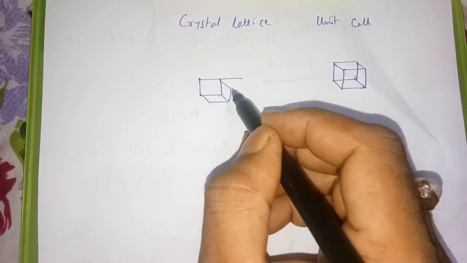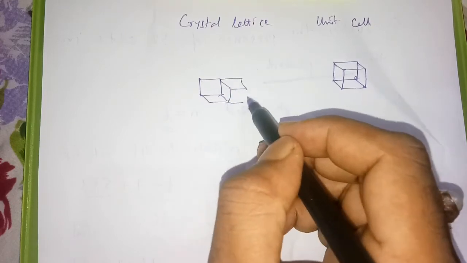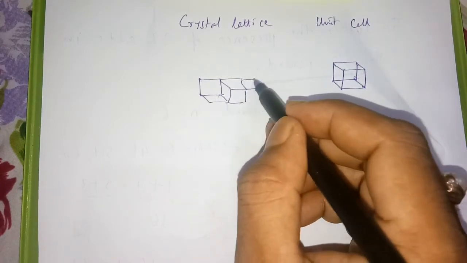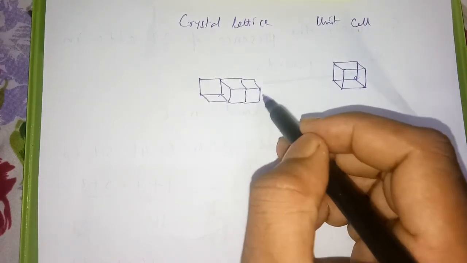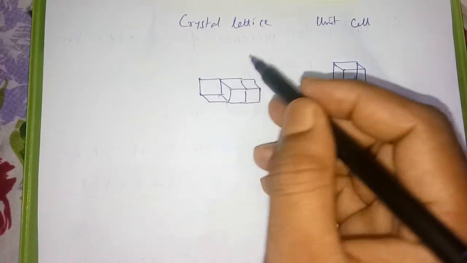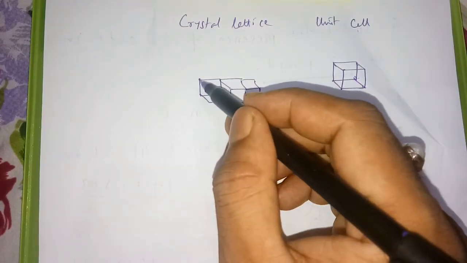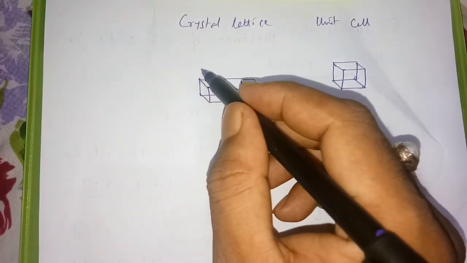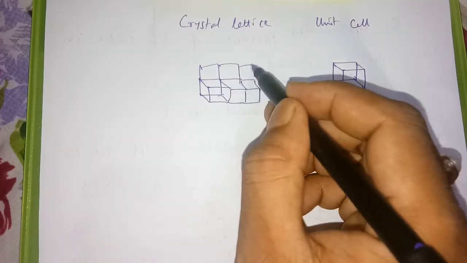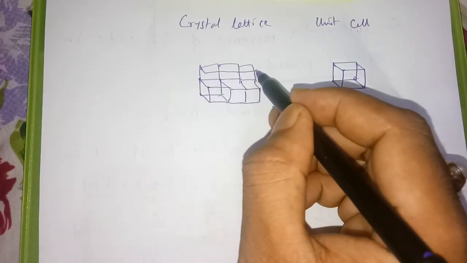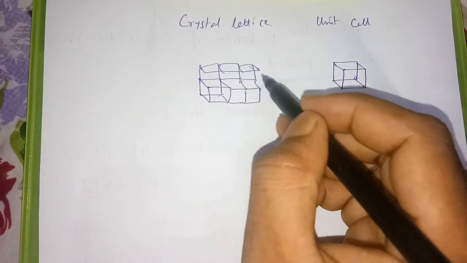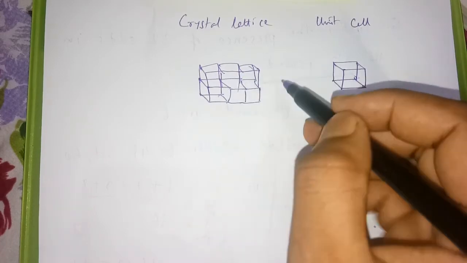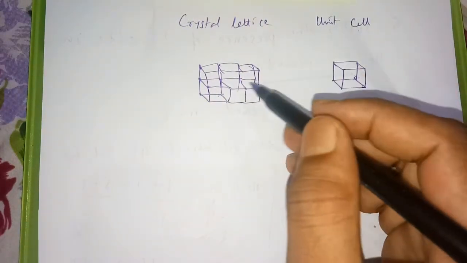So like that, lots of them. This is how you have to draw it upstairs also. This is the collection of unit cells. These sums of unit cells together become a crystal lattice.